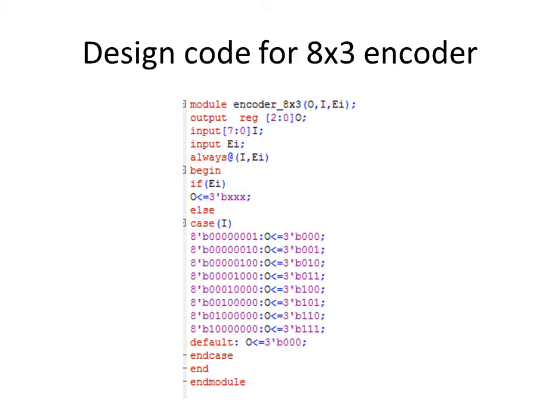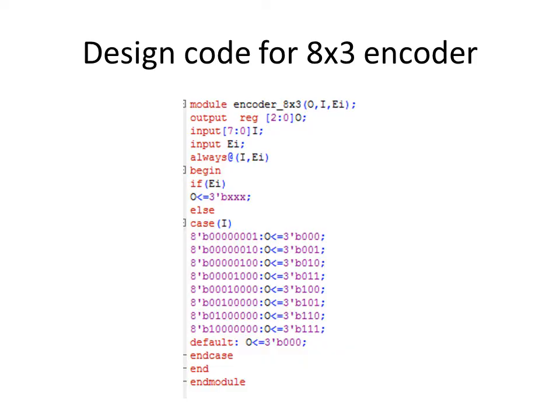If there is any change in the input signal or enable signal, then the following code is executed. Here, if the enable is high, the output is unknown. When enable is low, then the set of code is executed. That means it is an active low enable encoder, so the enable input is active low.